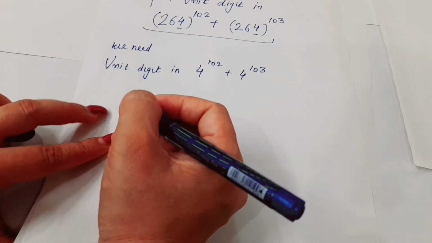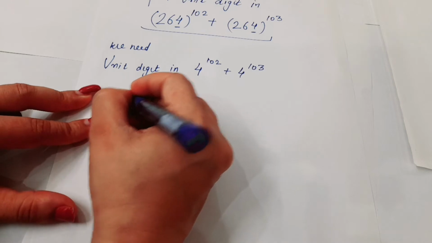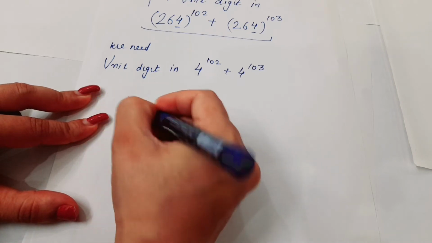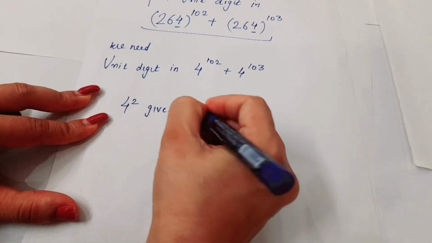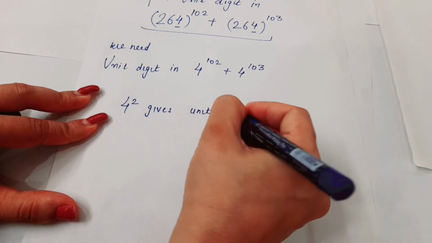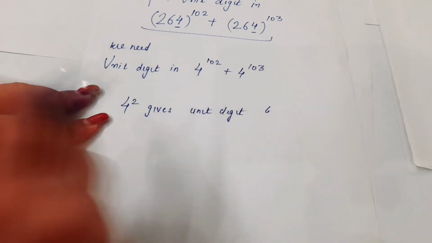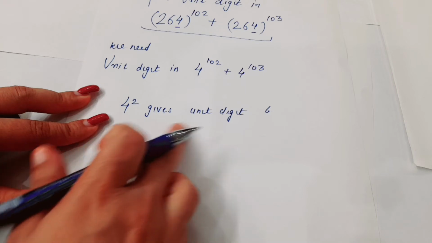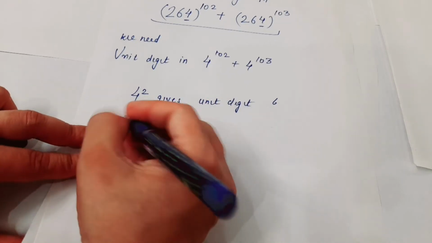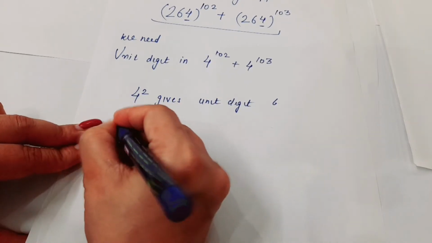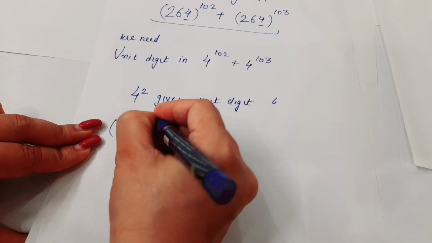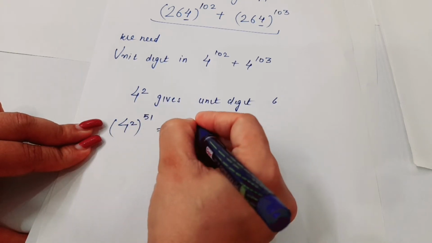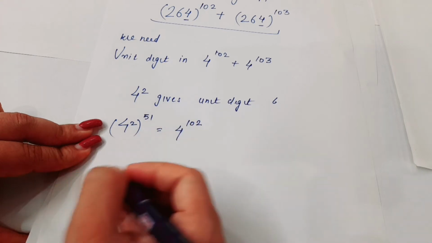Okay, so we know that 4 square gives unit digit 6. 4 square is 16 and 4 square gives unit digit 6. Okay, so if we find 4 square raised to power 51, this will be equal to 4 raised to power 102.